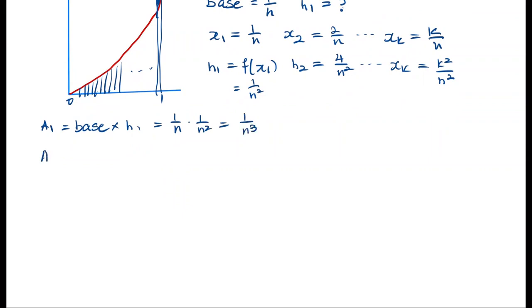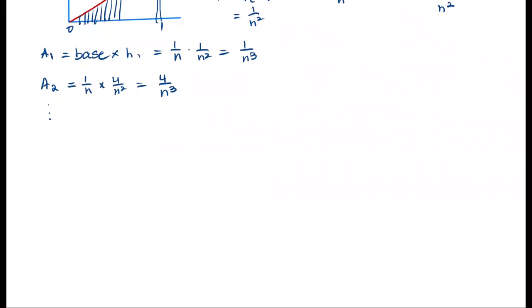If we calculate A2, same thing: we have 1 over n times 4 divided by n squared, which equals 4 divided by n cubed. And if we keep on going with the process, by the time you get to the kth area, we'll get 1 over n as the base multiplied by k squared divided by n squared, which is just k squared divided by n cubed, right?